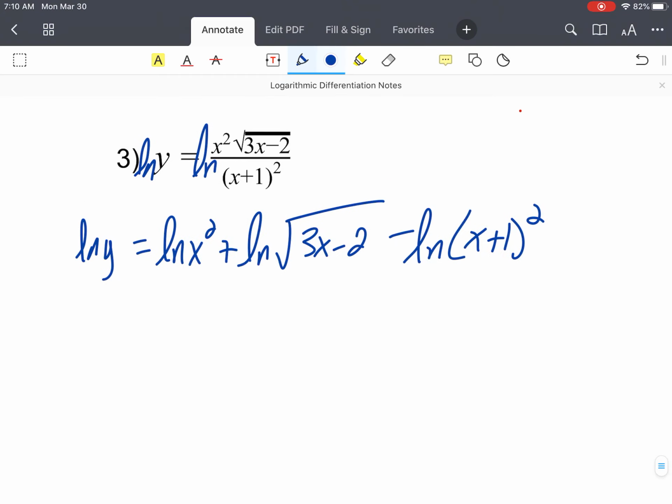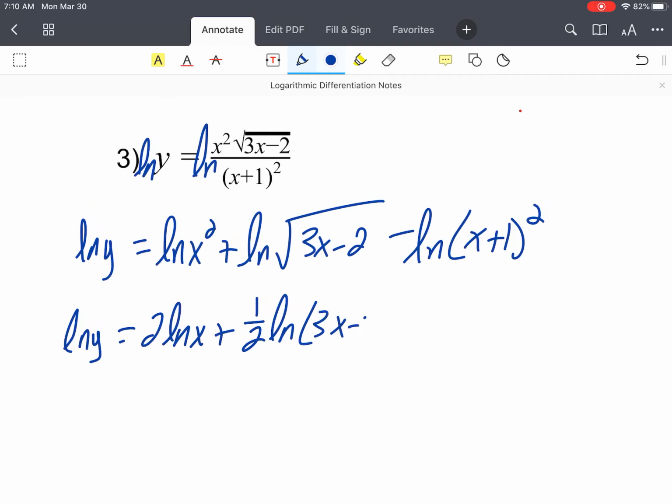All right, now let's bring down all our powers. So the natural log of y is equal to 2 natural log of x plus 1/2 natural log of 3x minus 2 minus 2 natural log of x plus 1.